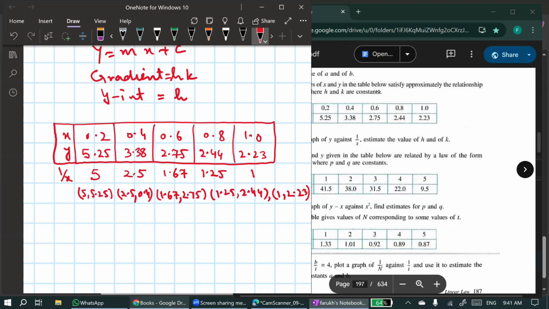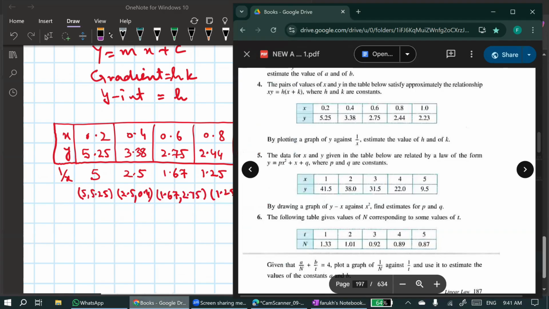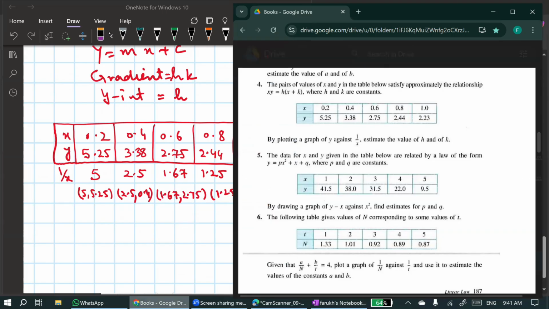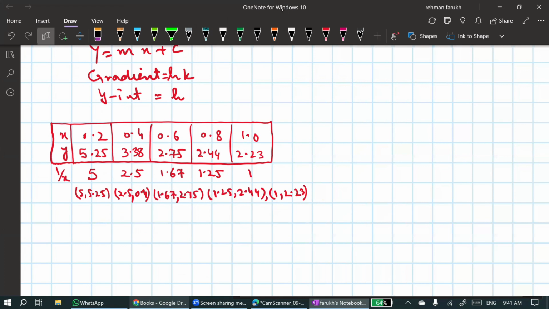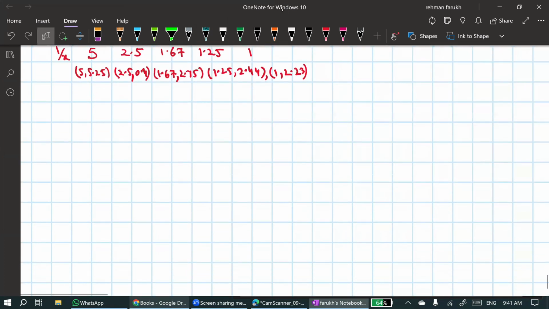Now, by plotting a graph of y against 1 over x, estimate the values of h and k. Now, these are the values we want to plot. The values of 1 over x are from 1 to 5, and the minimum value for y is 0.4, and the maximum value is 5.25.